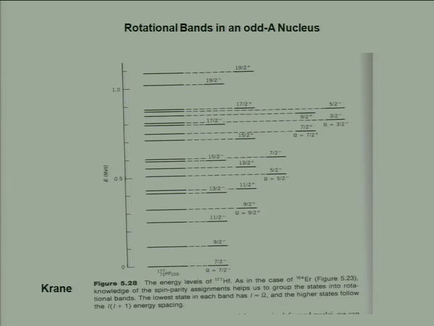It's just a bit more complicated. So you start with some particular state and you start making it spin. You retain the shape, just spin it faster and faster. You get rotational bands. Okay? And in a given nucleus, you might have 10 or 20 different rotational bands, all starting out with a different initial shape and a different energy.